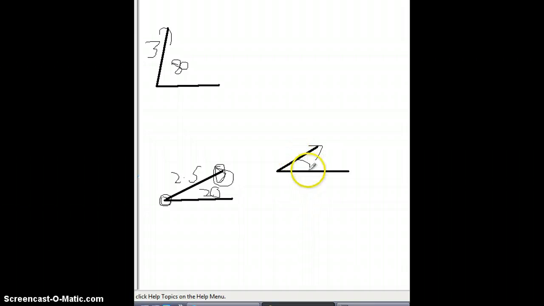So this is my 20-degree one. And it's at 2.5. And then from here, we make the second angle, which is 80. So you measure the 80 degrees from the other point.